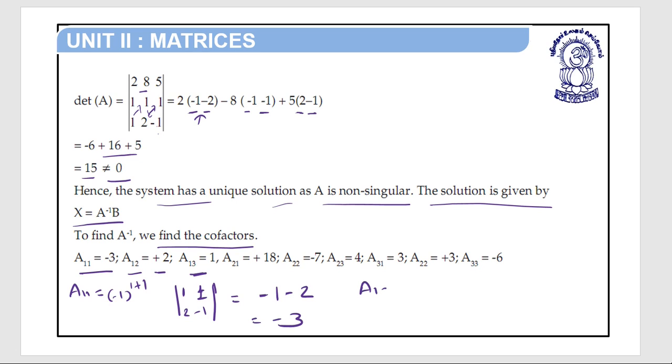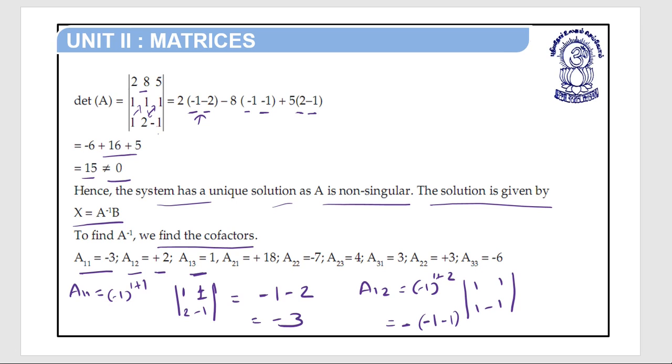Same way for A12, minus 1 raised to 1 plus 2, first row, second column: 1 1 1 minus 1 is equal to minus 1 into minus 1 minus 1 into 1.